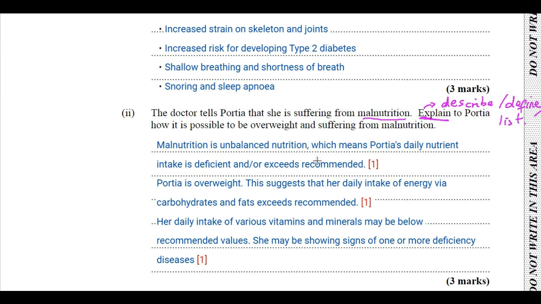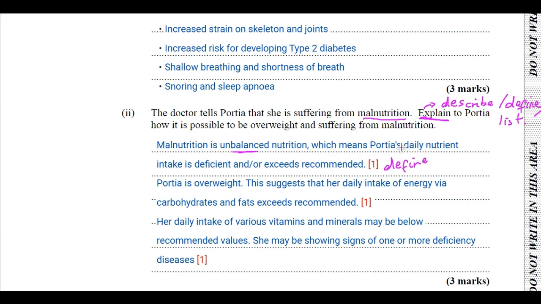All right. So in this case, since we're talking about malnutrition, it is appropriate to define malnutrition. So the first thing you do, define malnutrition. What is it? It's unbalanced nutrition.